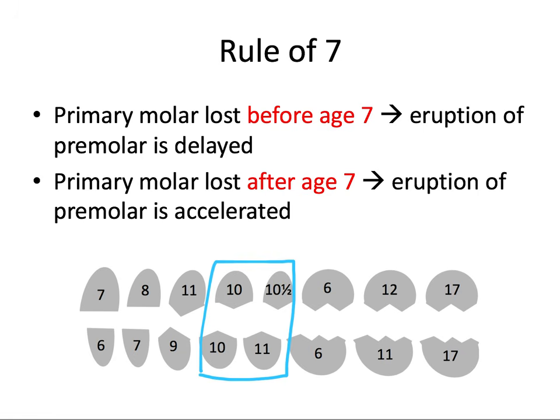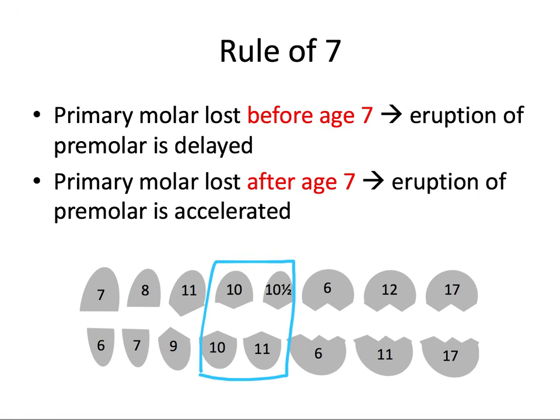About 2 to 3 years before it erupts into the mouth, we expect our physiologic root resorption of the primary molars. So if our primary molar has to be extracted before age 7, we're going to be left with a lot of bone overlying that premolar.